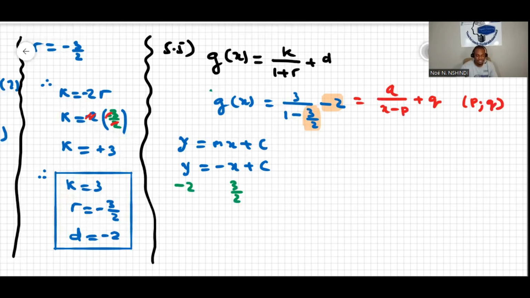Yes, not -3/2, but 3/2. With this negative, it makes -2 equal to -3/2 plus c. If I move the -3/2 over, that makes plus 3/2 equal to c. This calculation makes a half. So c is equal to half. Therefore, y will be equal to -x plus a half.